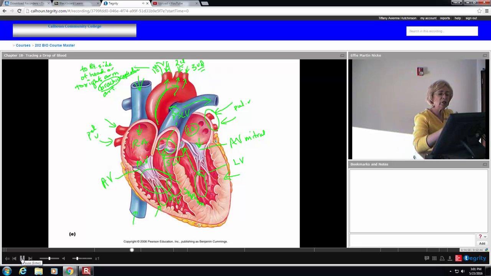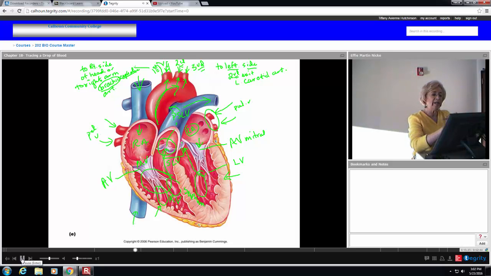If you're going to the left side of the head, left brain, or the left outside part of the head, you're going to take the second exit. Because the second exit goes straight up the left carotid artery.